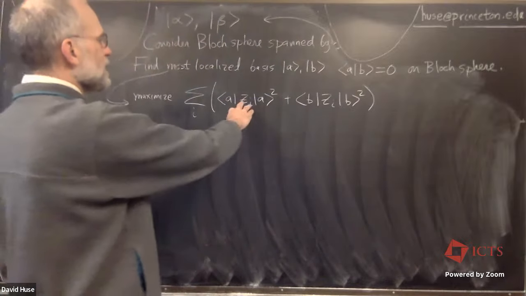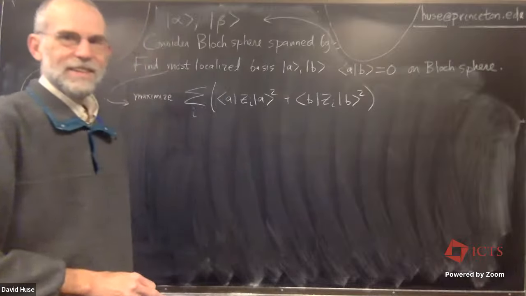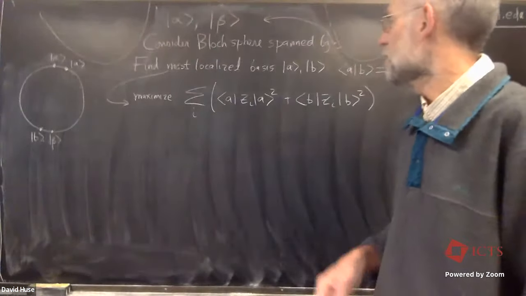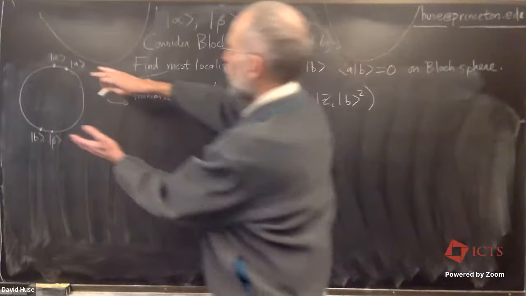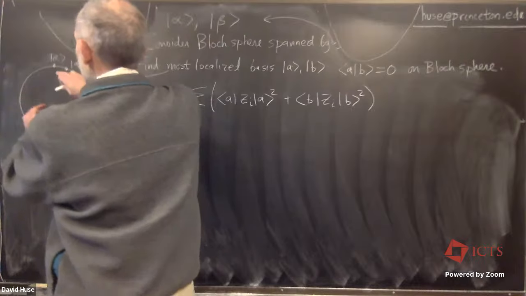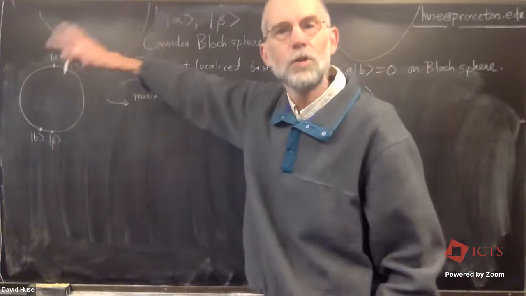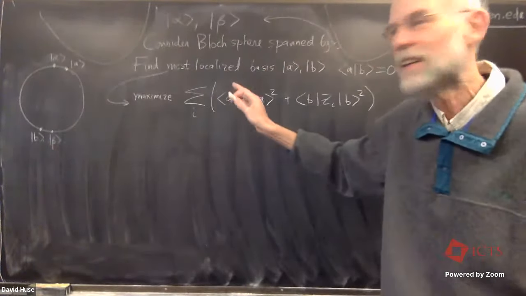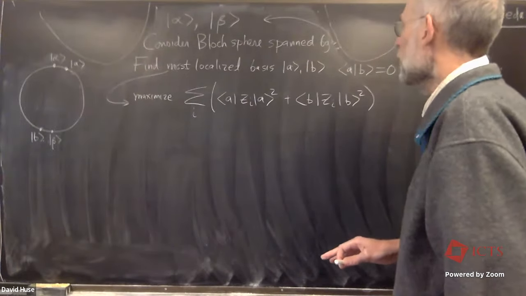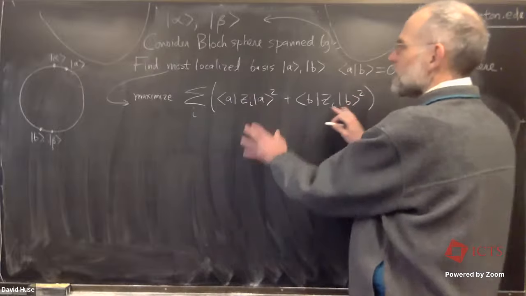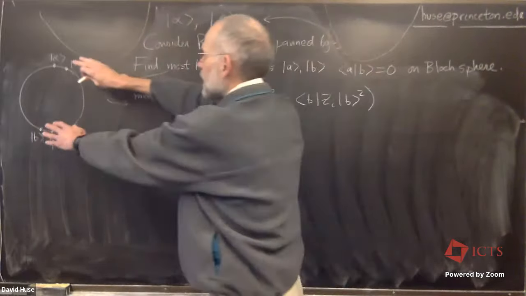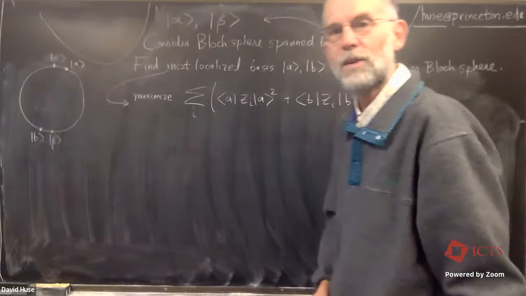So we're maximizing the squares of the expectation values of the spins. By doing this over all possible pairs of opposite basis states on this Bloch sphere, it's only a two-dimensional manifold we're searching on, so finding the maximum is not hard. And when we maximize this, we've found the most localized, by my definition, pair of basis states.